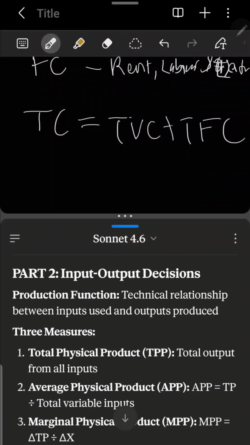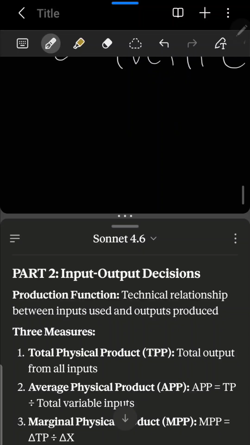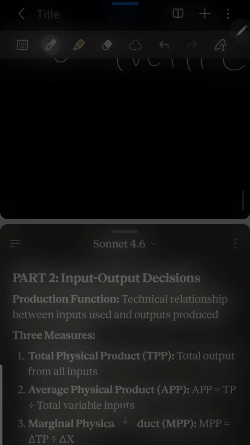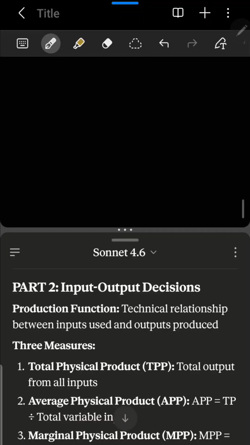Now, input-output decision. As a business, you want to know when you should continue. Input-output decision is simply more of efficiency. Like what we said, efficiency is just a relationship between what you get and what you put in. So for the input-output decision, we are now coming up with a formula to measure this.